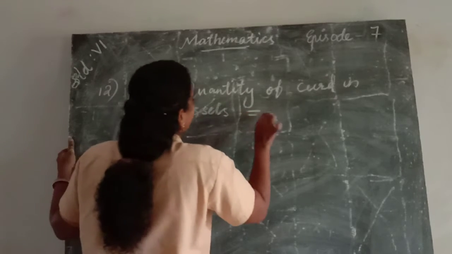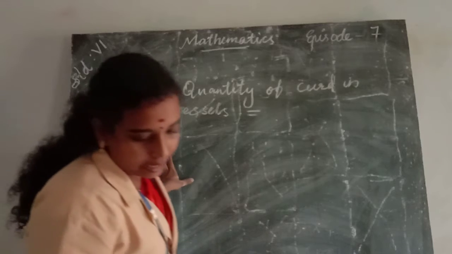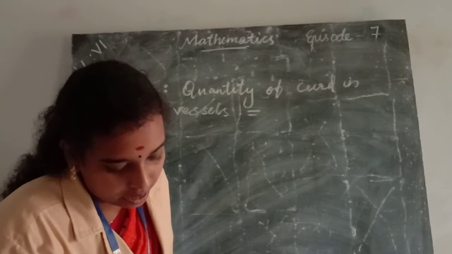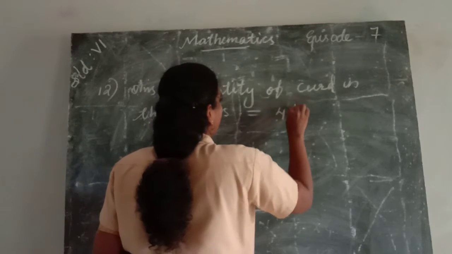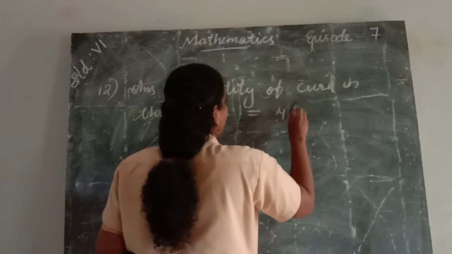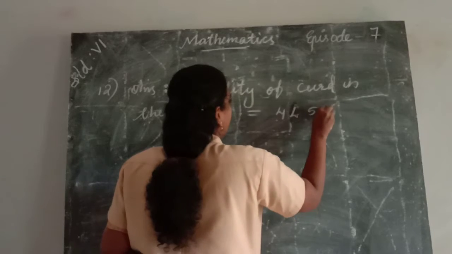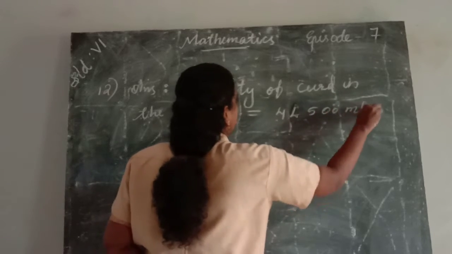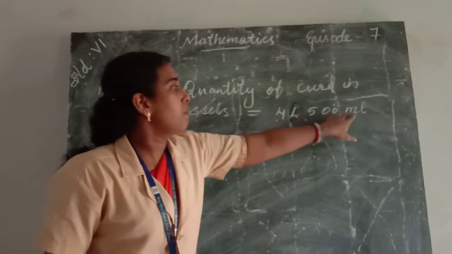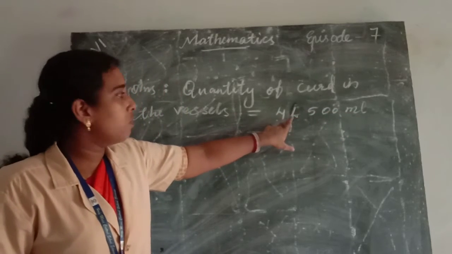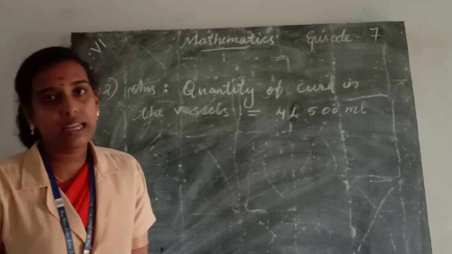How many liters of curd contained in the vessel? 4 liters and 500 milliliter. And here the unit is given in liters and milliliters, and we want to convert liters into milliliters.